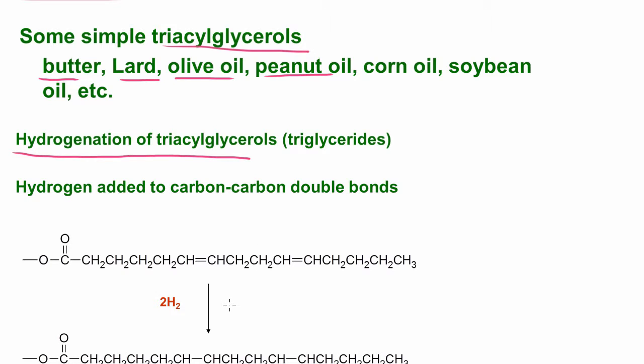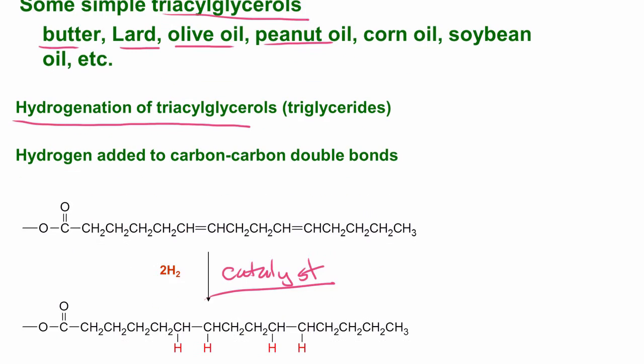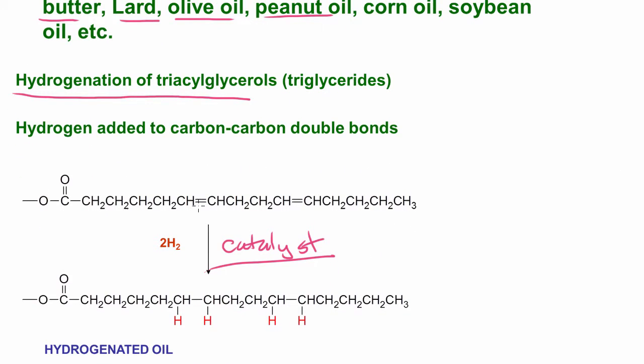We would also need a catalyst, usually a metal catalyst. And just like our reaction of alkenes, a hydrogenation reaction where we add hydrogen to the double-bonded carbons, we can do the same thing. And this is how they make margarines.